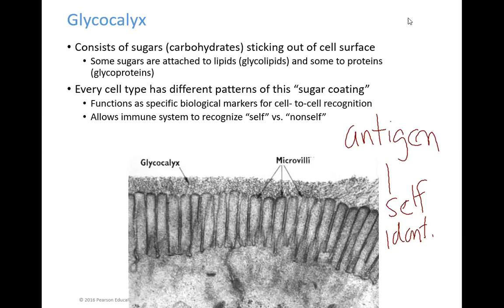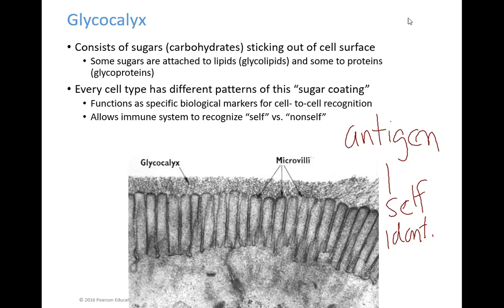It identifies us as self. And so the glycocalyx structure is very, very important to us. It is our self-identifier. We call it the antigen. When we have an autoimmune disorder, our immune system produces antibodies which will essentially attack those antigens.